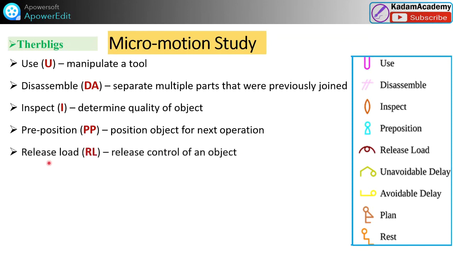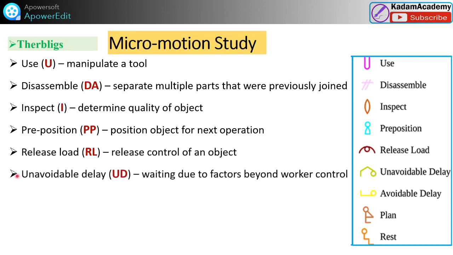Release load, RL, is to release control of an object, represented like this. Unavoidable delay, UD, is waiting due to factors beyond the worker's control, which we cannot avoid, represented like this.